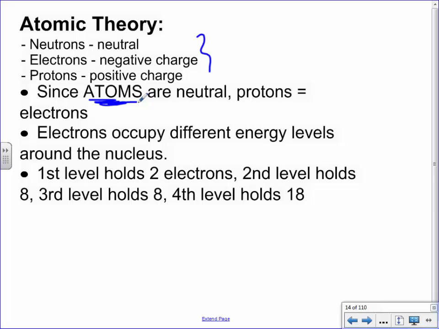And that's the reason why on your periodic table, like say for sodium, sodium is 22.99. You know how sodium has to have 11 protons? If it has a weight of basically 23, there are probably 12 neutrons. Right? Because 11 plus 12 would get you basically 23.